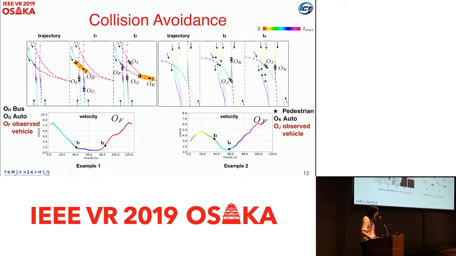By encoding various interactions within the local neighborhood of each vehicle, our method can avoid most collisions.